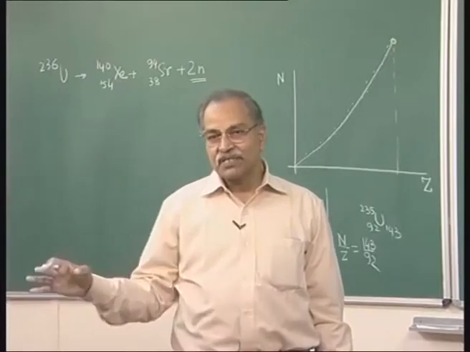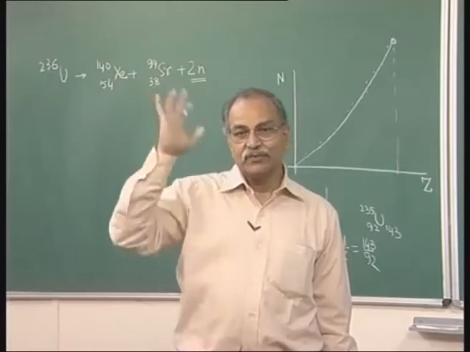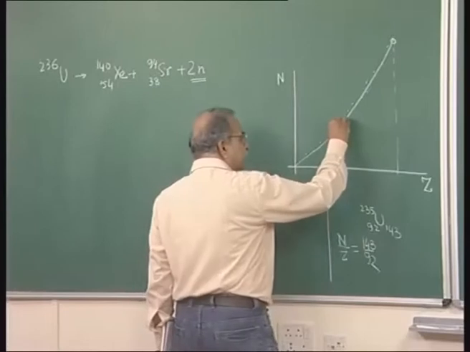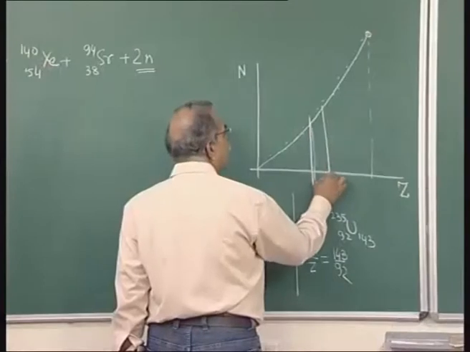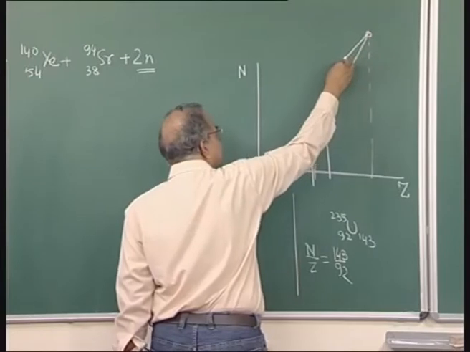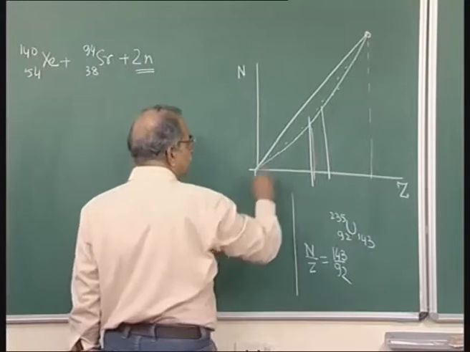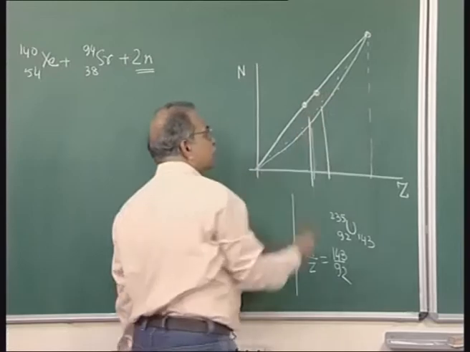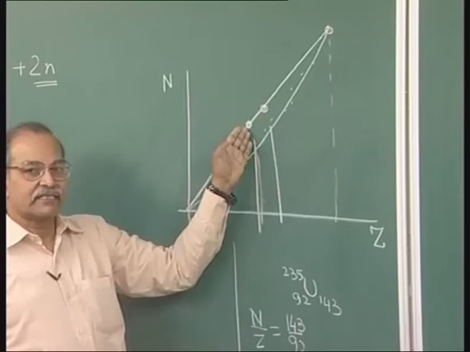So in each portion the ratio N by Z will remain the same as in the original nucleus. That means when it splits into these two parts close to A by 2, the ratio N by Z remains the same. So if I draw a straight line passing through the origin, then the ratios of the fragments will be just the same as the ratio here, N by Z here, N by Z here, N by Z here.